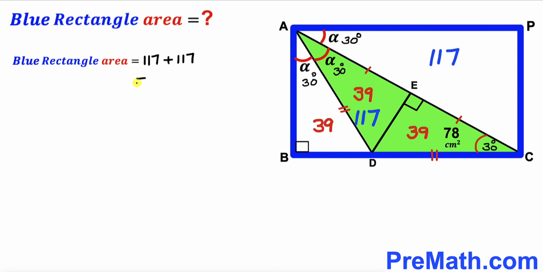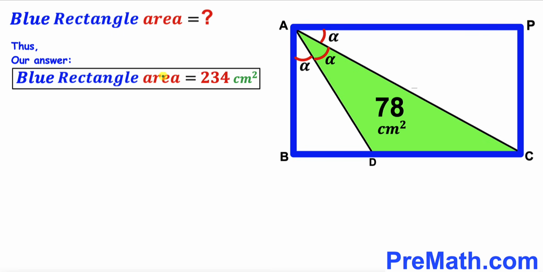That is going to give us 234 centimeters square. So thus, after all the calculations and manipulations, the area of this blue rectangle ABCP turns out to be 234 centimeters square. And that's our final answer.